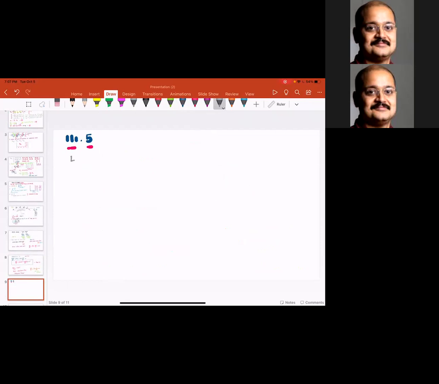So we talked about the L1 norm, the L2 norm, the L infinity norm. We also talked about something called the lasso, which is a combination of L2 norm plus L1 norm together.